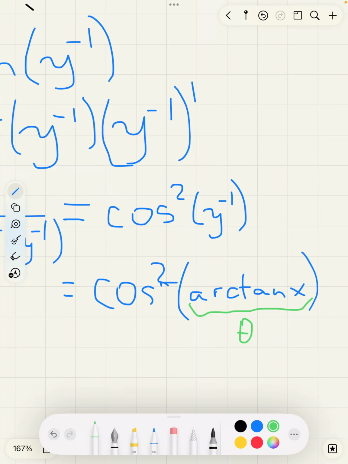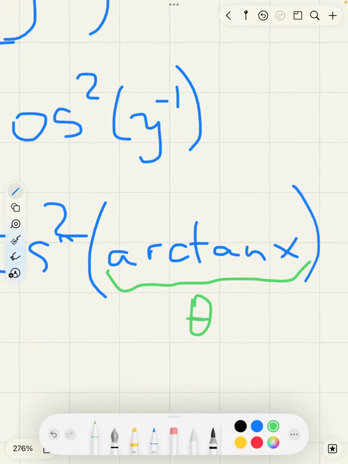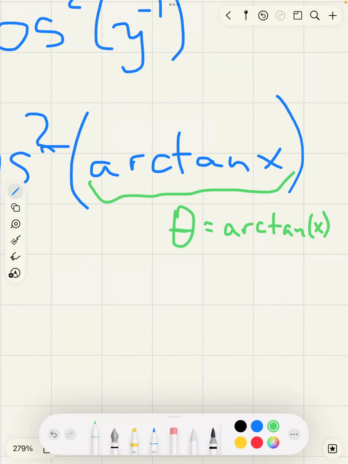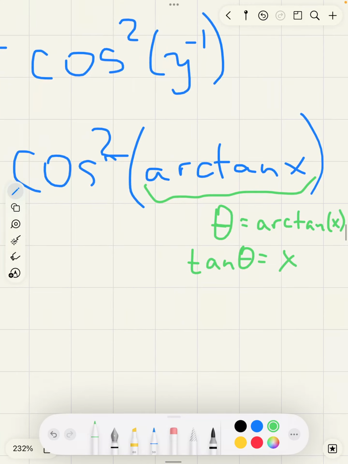We're going to call that angle theta. So theta is equal to arctangent x. Remember, equivalently, that means tangent of theta is equal to x. And since we're going to use a right triangle, we'll go back to our SOHCAHTOA definition of tangent, right? Tangent is opposite over adjacent.